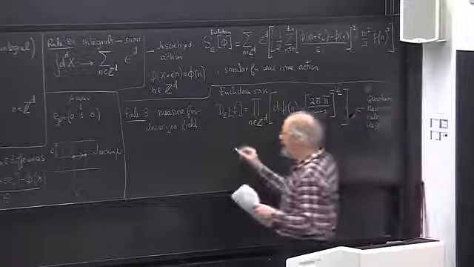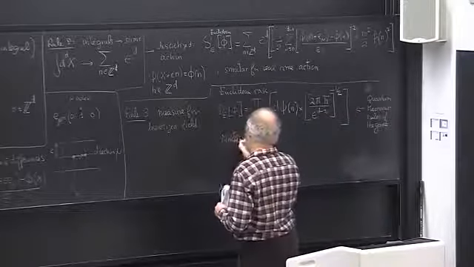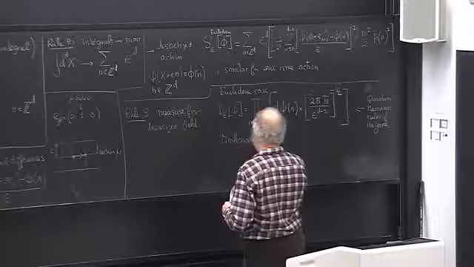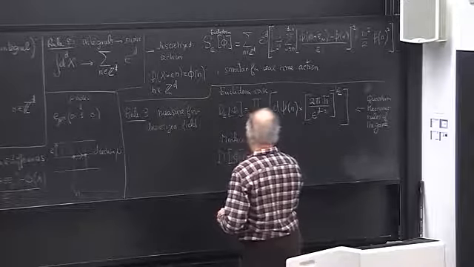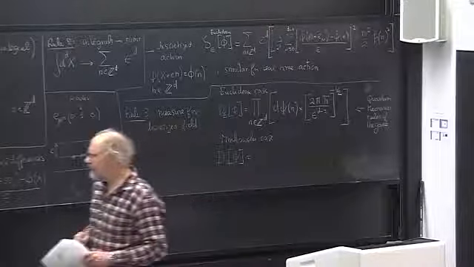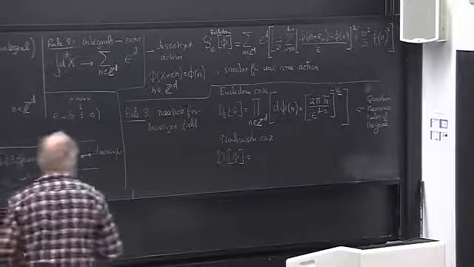Now in the Minkowski spacetime case, the measure is slightly different. It just comes from the fact that you make a Wick rotation.